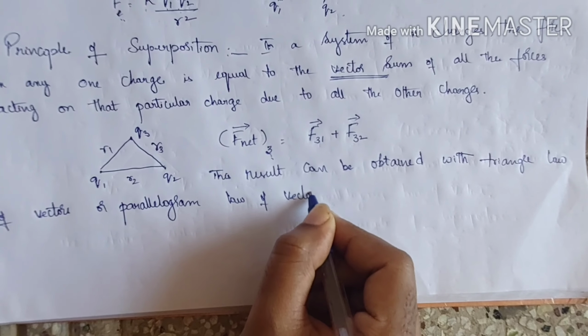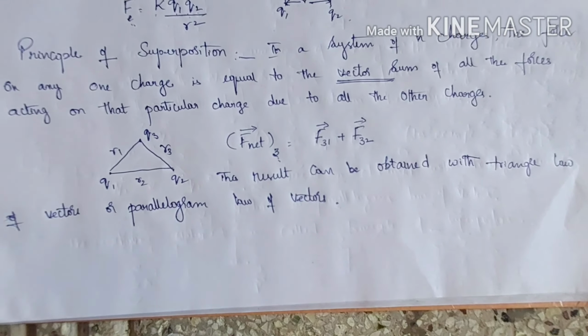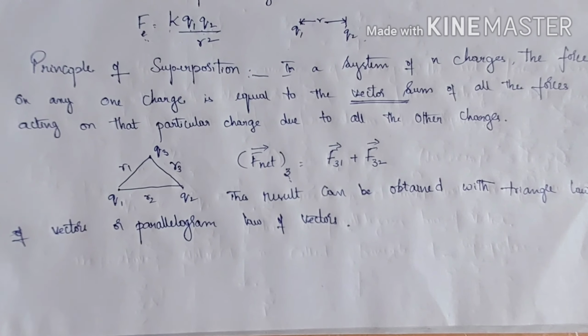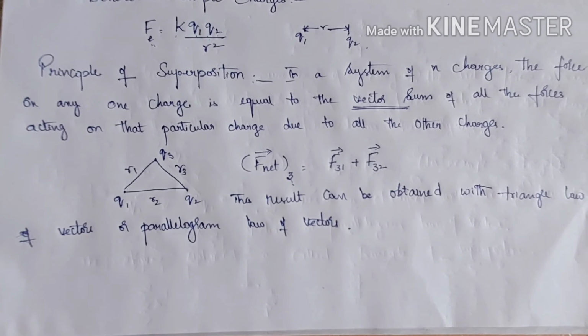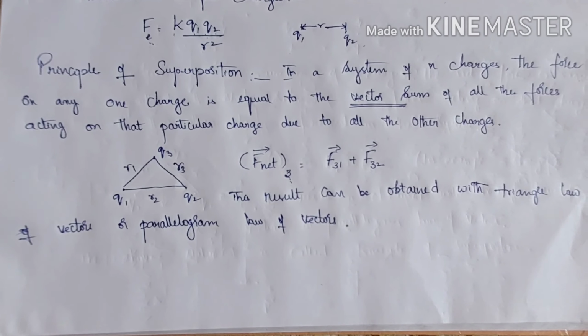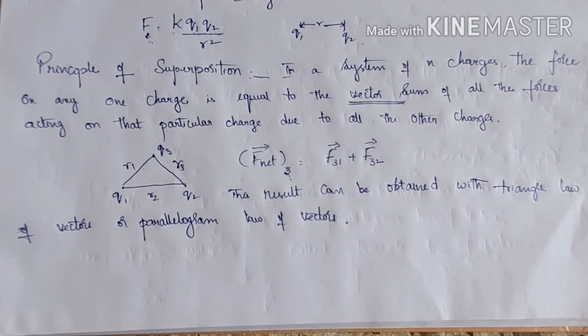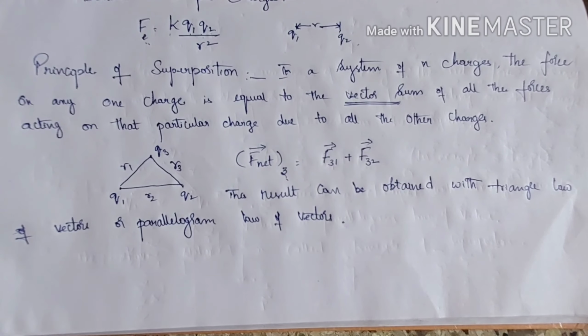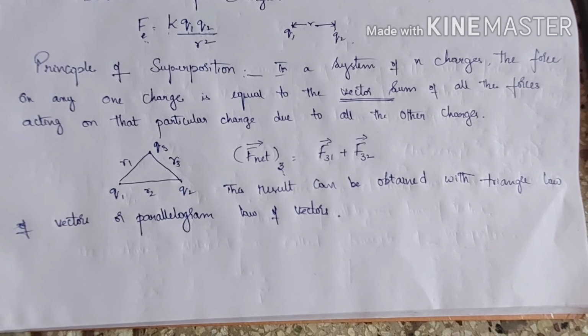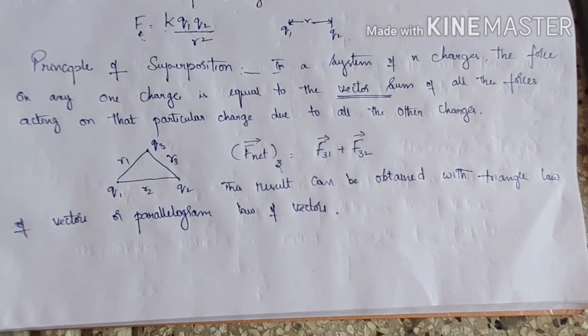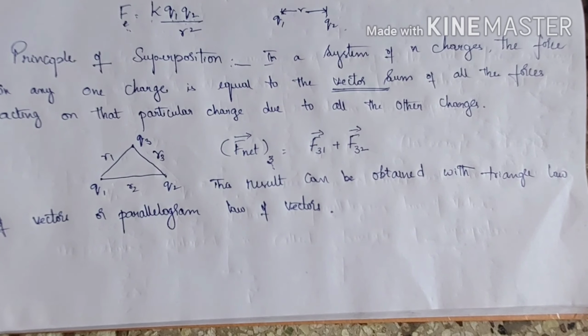You know what a triangle or parallelogram is, right? In the triangle law you have 3 vectors, and when you want to add, the resultant will be in the direction of the closing side. And in the parallelogram law, the resultant is the root of F1 square plus F2 square plus 2 F1 F2 cos theta.